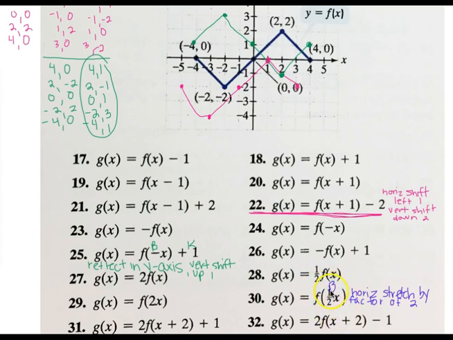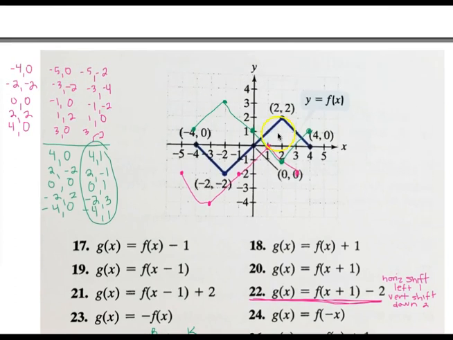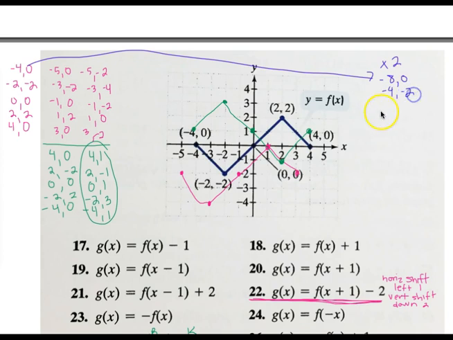So dividing by 1/2 is the same as multiplying by 2. So what I would really be doing here is taking those values and multiplying them by 2. So I would then get -8, 0, -4, -2, 0, 0, 4, 2, and 8, 0.